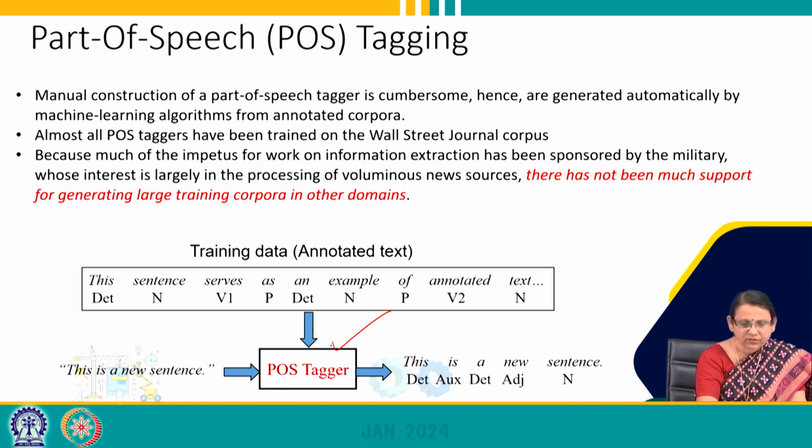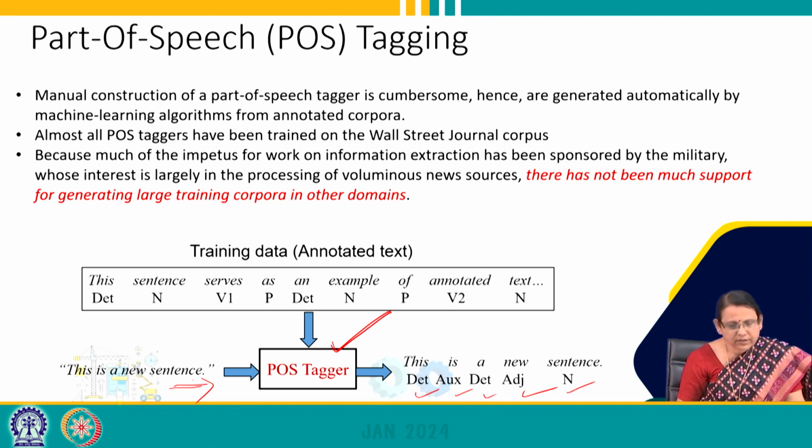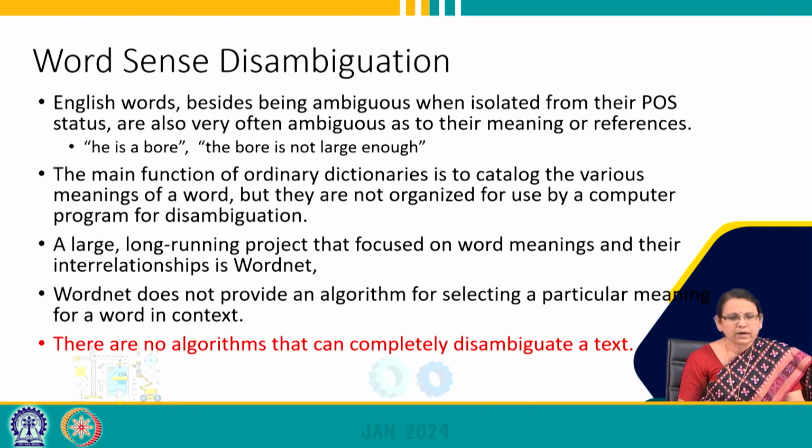Once this is ready, when you put in a new sentence, the tagger will attach the tags: auxiliary verb, determiner, adjective, noun and so on. Through this process, if you are interested in finding certain names, you will be able to find them. Next is word sense disambiguation.